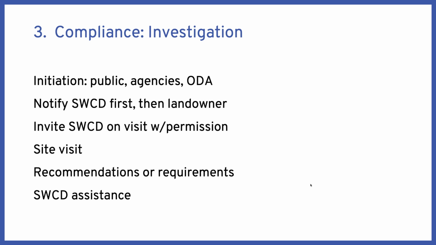But it's still up to the landowner to decide what they want to do in order to be in compliance, or we can require things, and that's when it goes to enforcement.